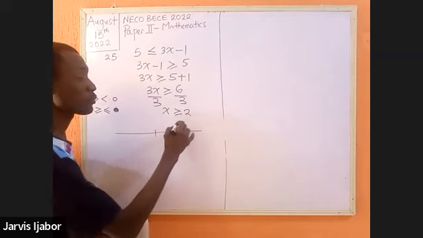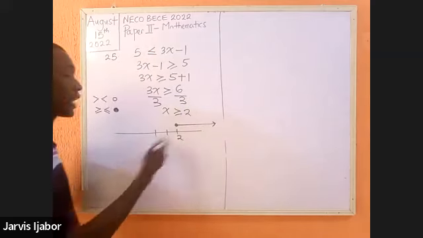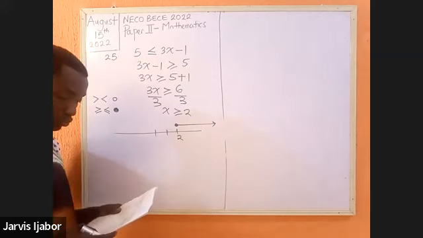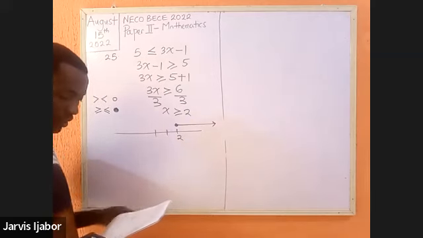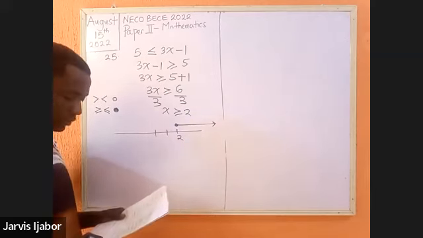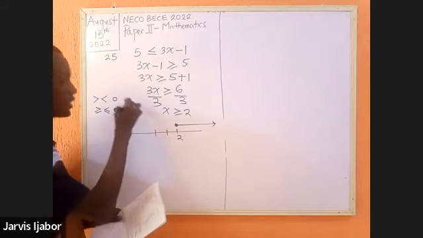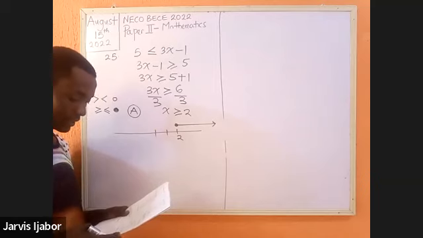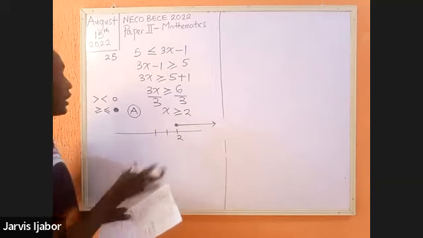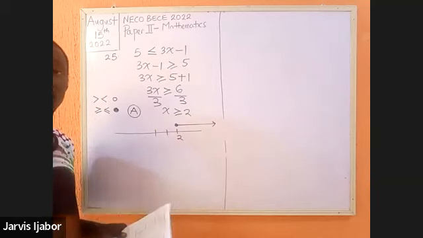Greater than or equal to means that it will point in this direction. And that's the graph you are told to draw. So if you look at your options, A will be the correct option to that question.